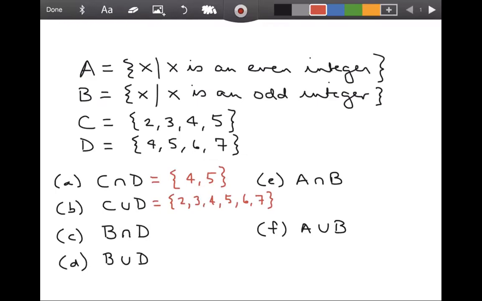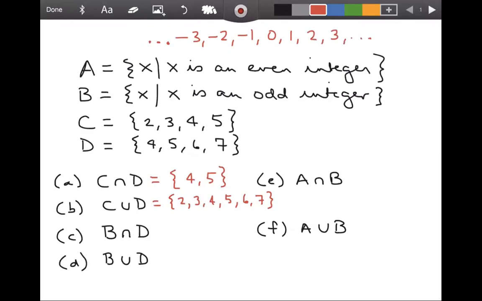Okay. Next, we have B intersect D. So B is the set of odd integers. Remember, integers are numbers like -3, -2, -1, 0, 1, 2, 3, et cetera. That's the set of all integers.